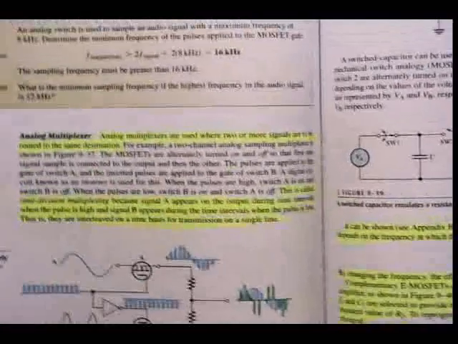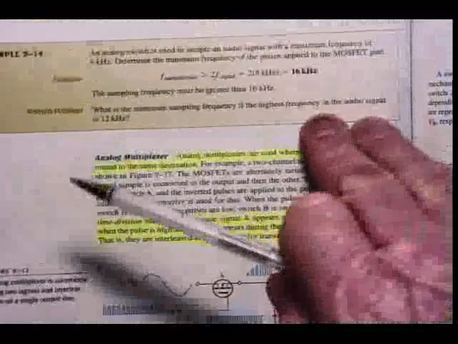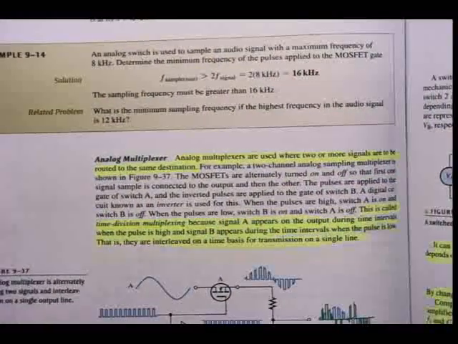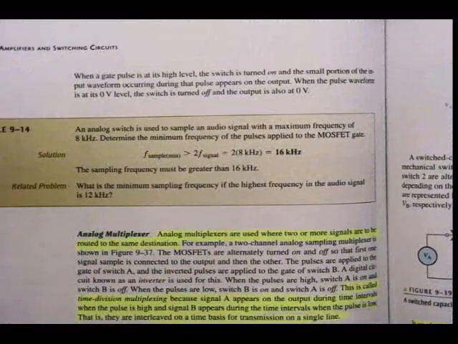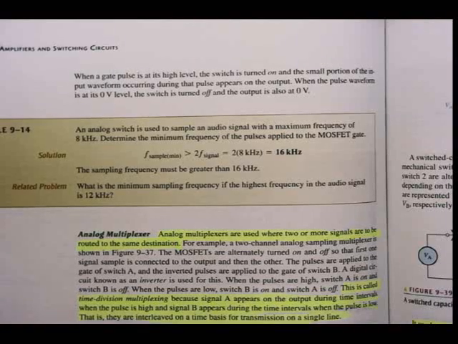So, when a gate pulse is at a high level, as we've seen, you can just perhaps mark that, as we've seen in the figure that I've shown. The switch is turned on and a small portion of the input waveform occurring during that pulse appears on the output. When the pulse waveform is at the 0 level, the switch is turned off and the output is also at 0.